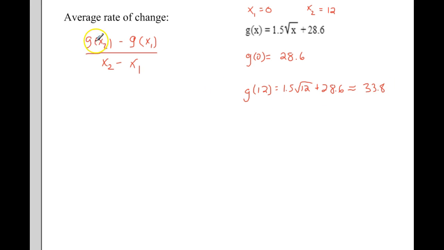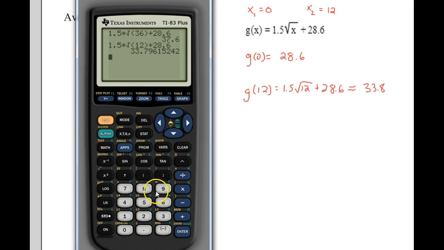So g of x2, that's g of 12, 33.8, minus g of x1, g of 0, that's 28.6, divided by x2 minus x1, which is 12 minus 0, which is just 12. So 33.8 minus 28.6 is 5.2, divided by 12.